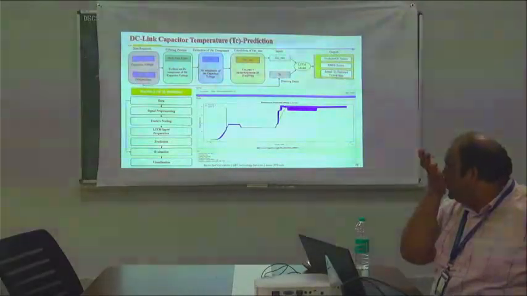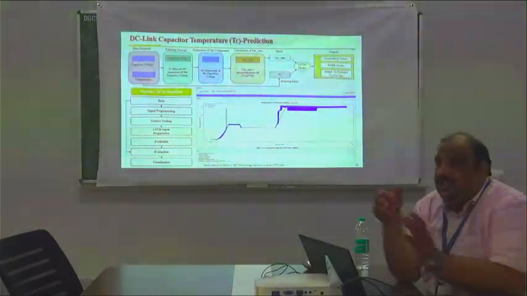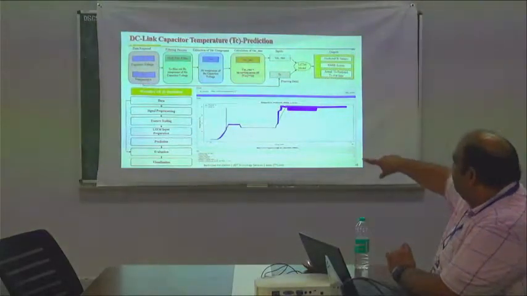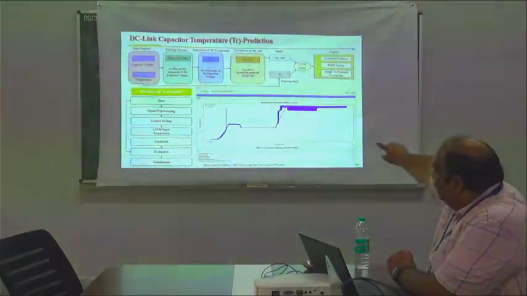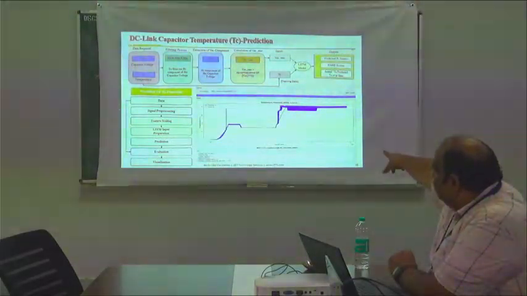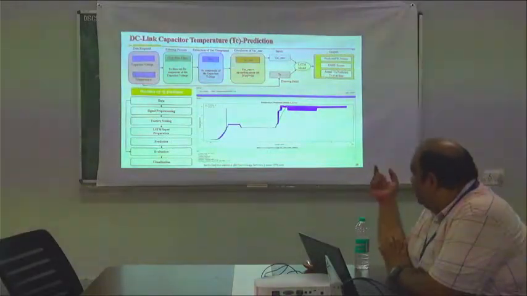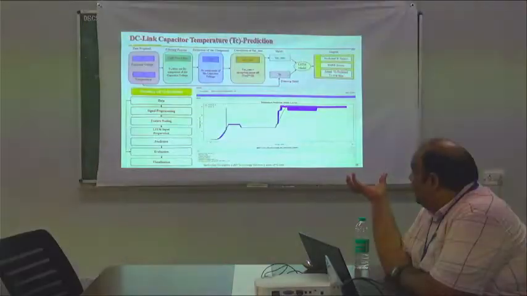Now we are coming to the digital twin, predicting the capacitors. This blue line is the capacitance real-time data, and the green line is the predicted data. We have done this on a DC link capacitor.